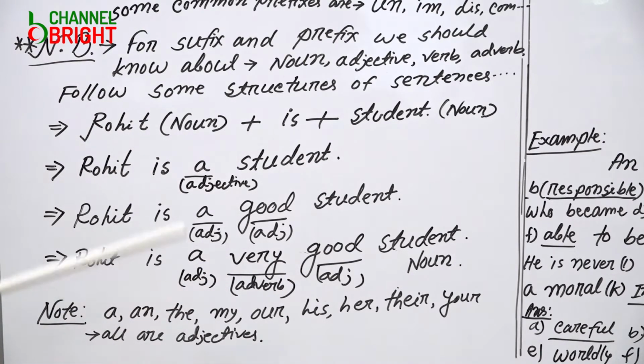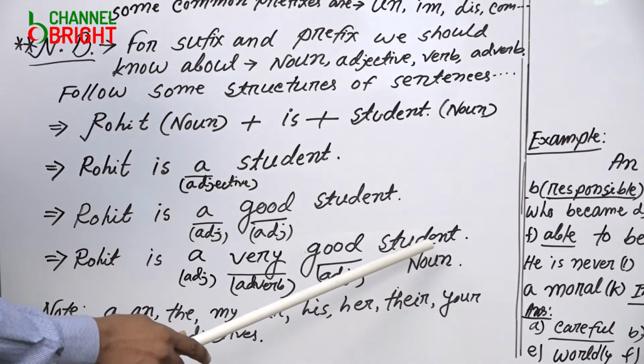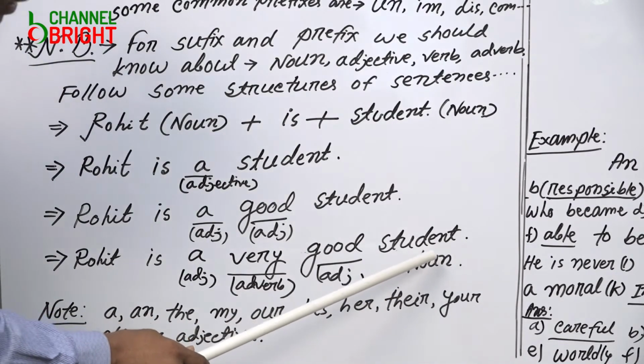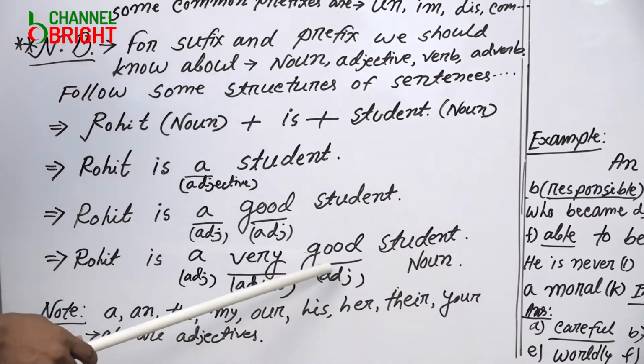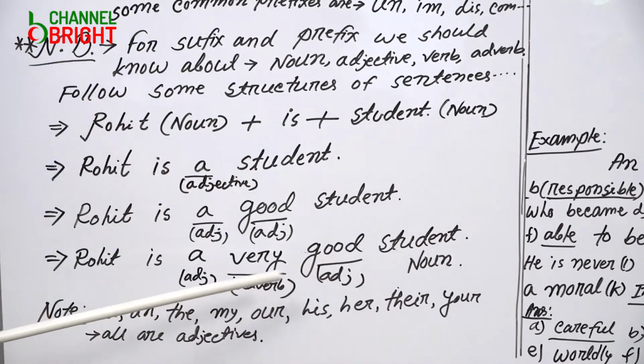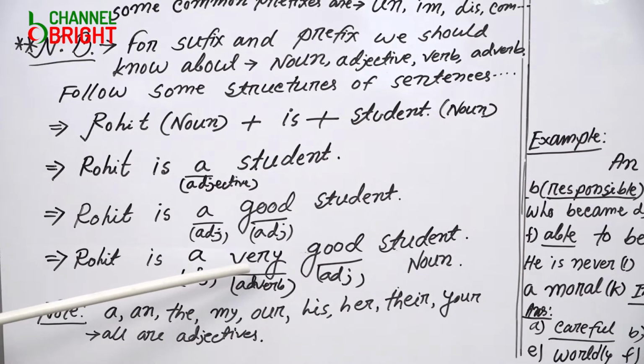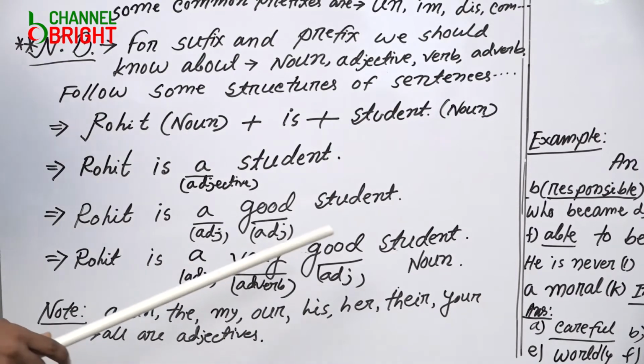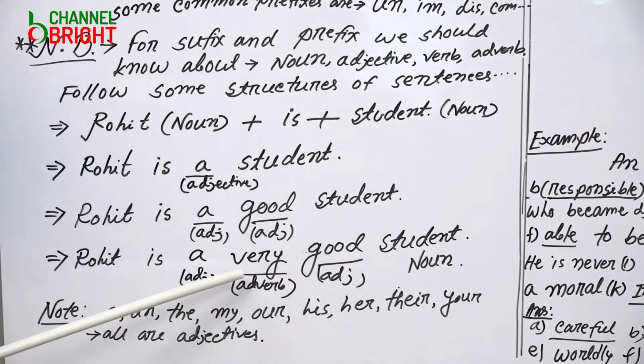If we think from the opposite side, at the end of the sentence, if there is a noun, before it we can use an adjective, before the adjective we can use an adverb, and before an adverb we can use an adjective, and between two adjectives we must use an adverb.